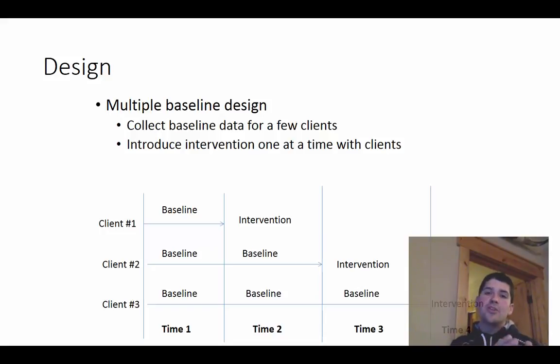So what we're doing here is staging in the treatment. We wouldn't expect that client number 2 would be improving at time 2, because they're still in the baseline phase. We haven't implemented the intervention. If we see client number 2 having symptom relief at time number 2, then we start to be curious about, gee, I wonder if it's something like the weather that's actually causing improvement for this client.